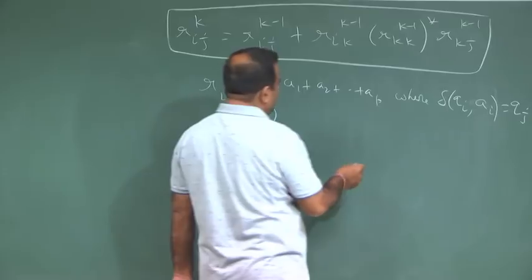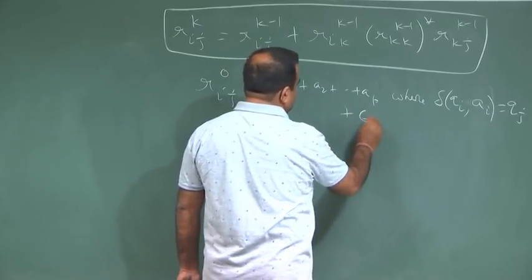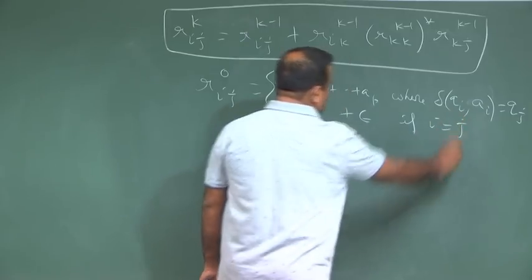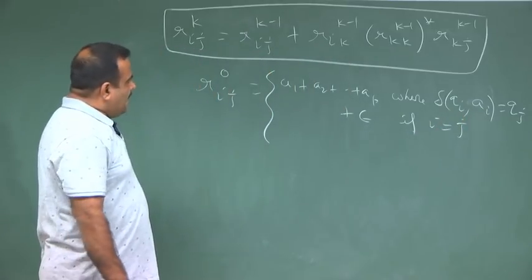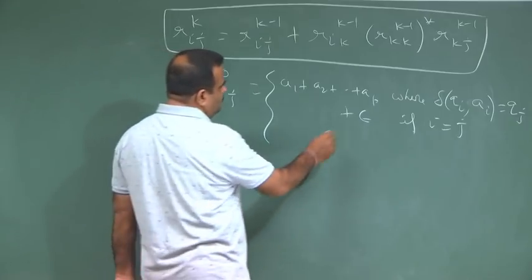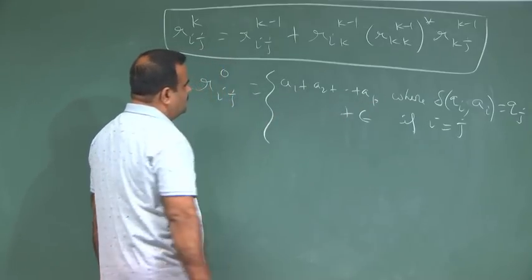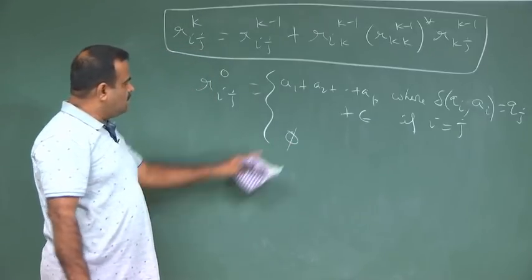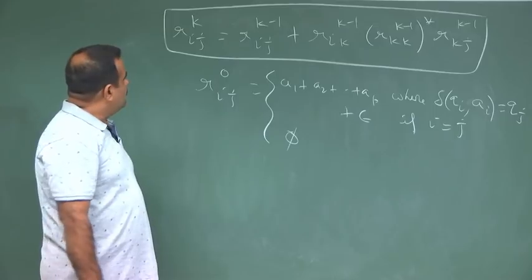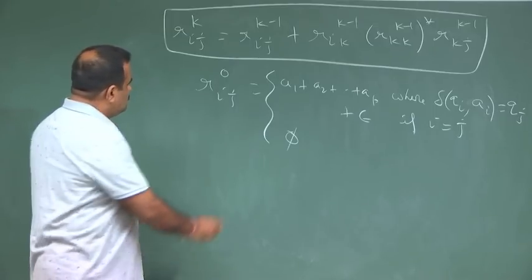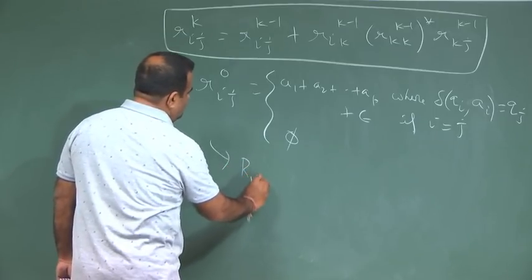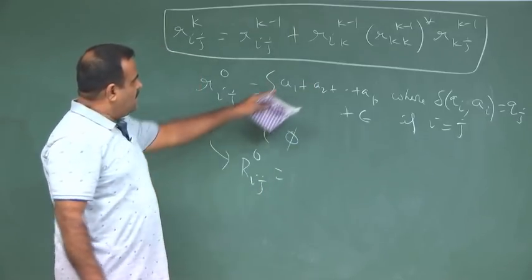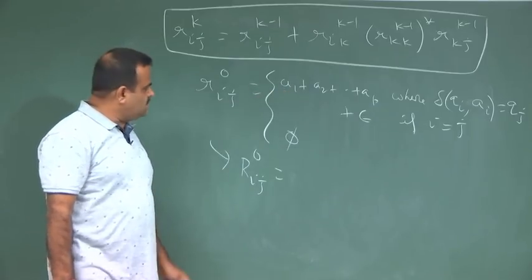Okay, and it is plus epsilon with this, if i is equal to j. And if no such ai exists, then it is empty, corresponding to the empty set. Okay, because this will correspond to the language R_ij^0, and R_ij^0 is the same as this in a union form. This part we have seen.